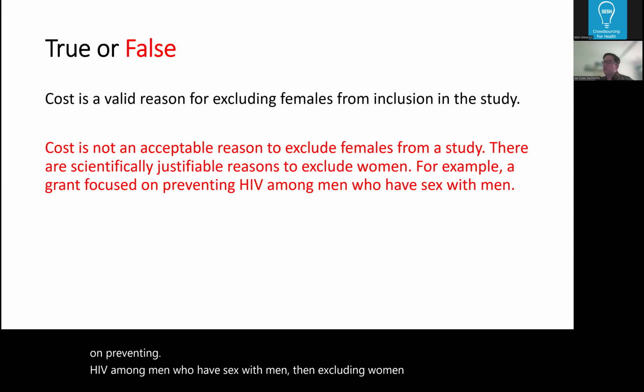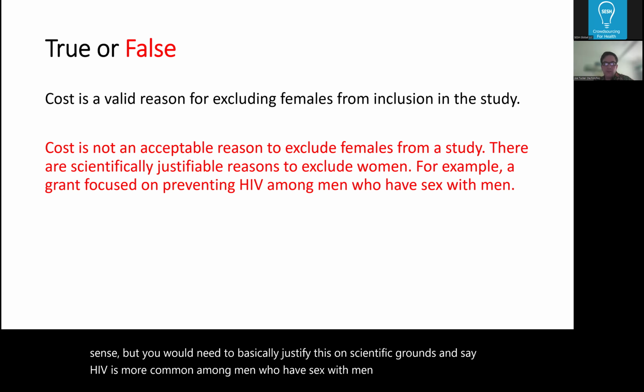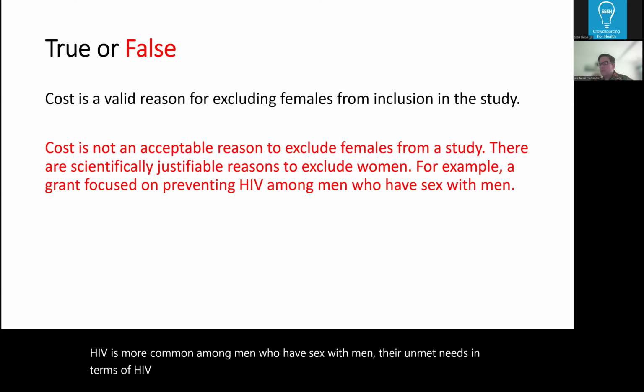But you would need to justify this on scientific grounds and say HIV is more common among men who have sex with men, and there are unmet needs in terms of HIV services. Basically, focus on the scientific rationale for either including or excluding a group.